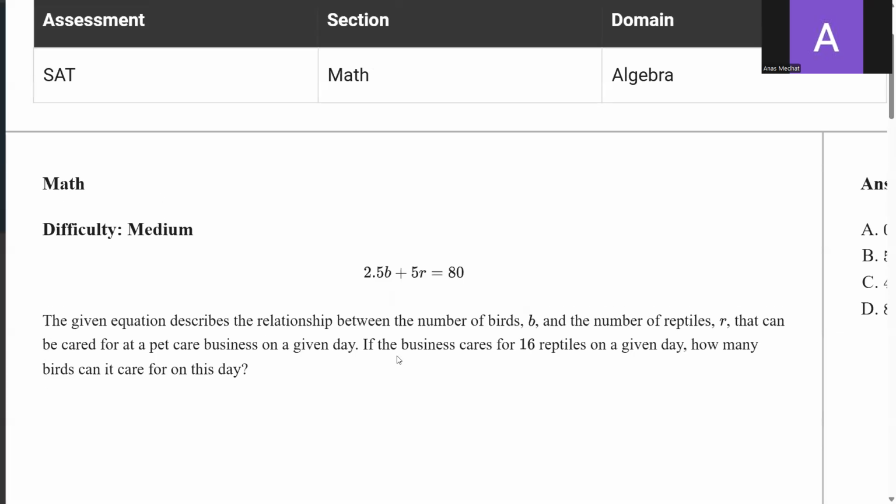The given equation describes the relationship between the number of birds B and the number of reptiles R that can be cared for by a pet care business on a given day. If the business cares for 16 reptiles on a given day, how many birds?